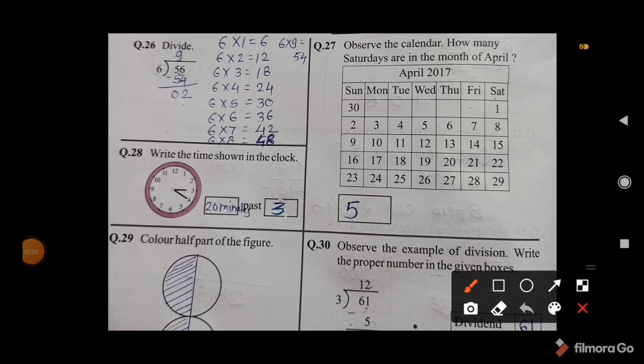On Saturday, which dates? How many Saturdays are there in April 2017? See, 1, 2, 3, 4, 5. There are 5 Saturdays. We have written the answer here. You also complete this. Okay, understood this question?